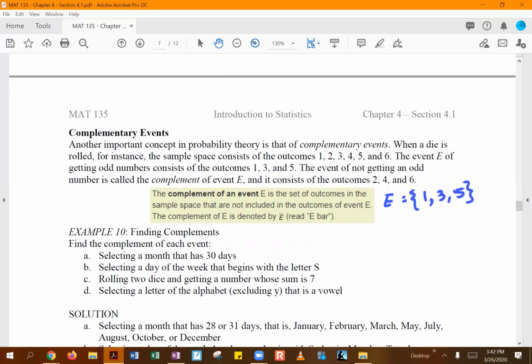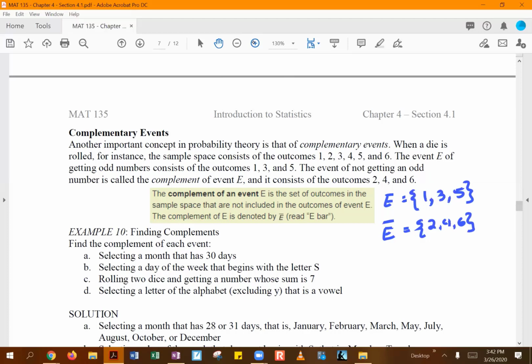When we're talking about the complement of an event, we write it as E bar, with a bar on top of the E. This would include all the remaining outcomes from your sample space that are not odd numbers. So that would be the 2, 4, and 6. This is how you would write the complement of an event.